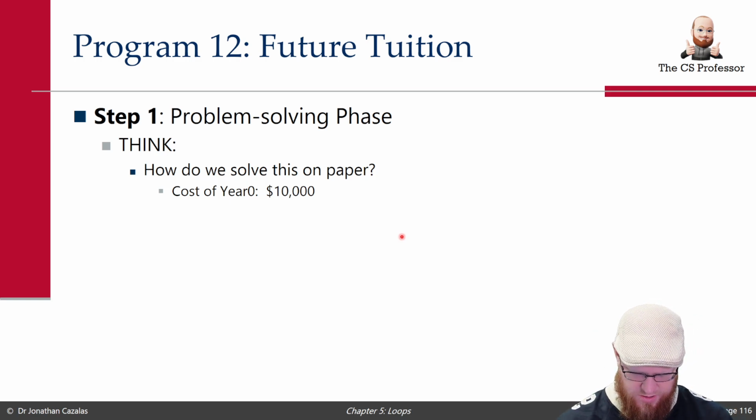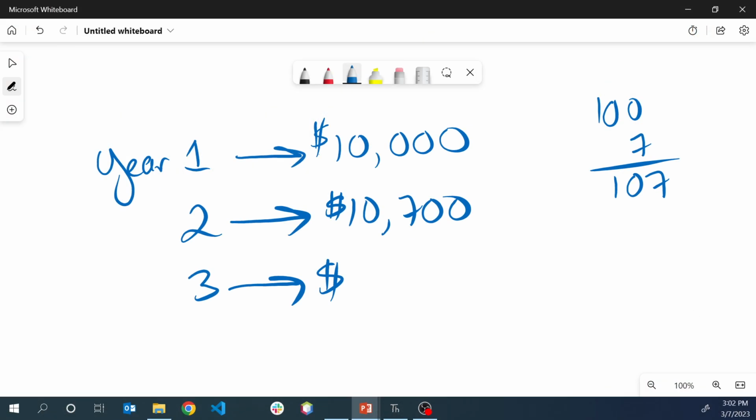So 10,700, what is it going to be? 10,700 times 1.07. The next year, we get 11,449. So this next year would be 11,449. Well, the program says, keep doing this.